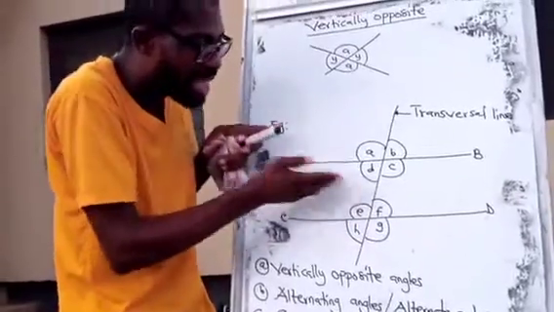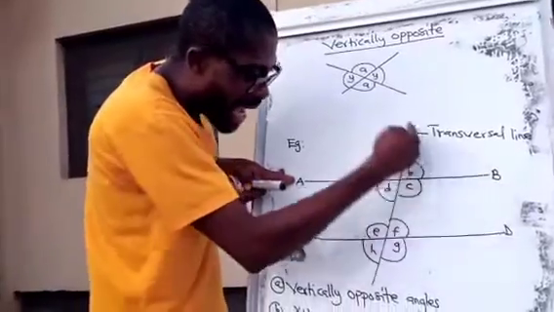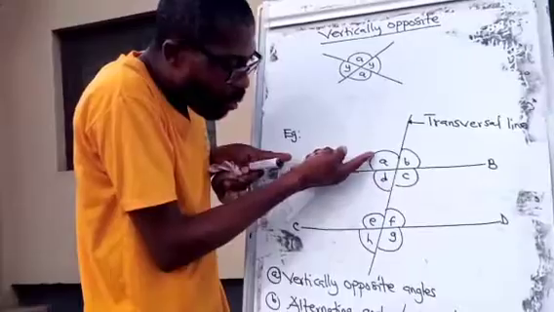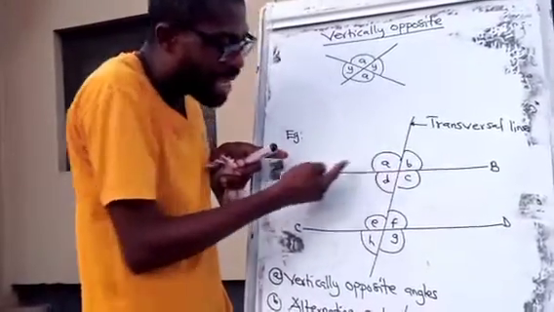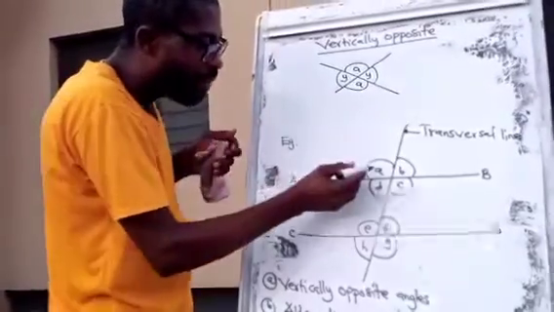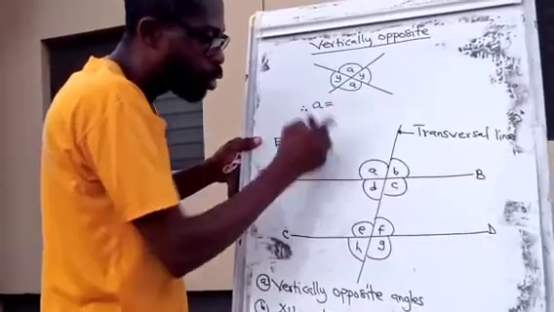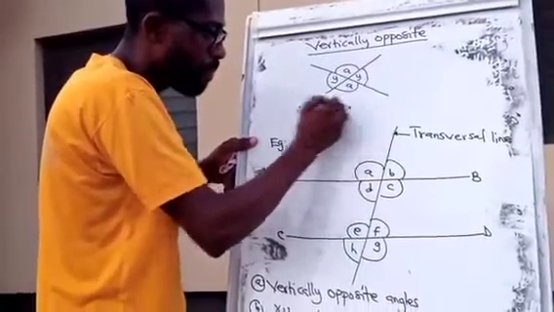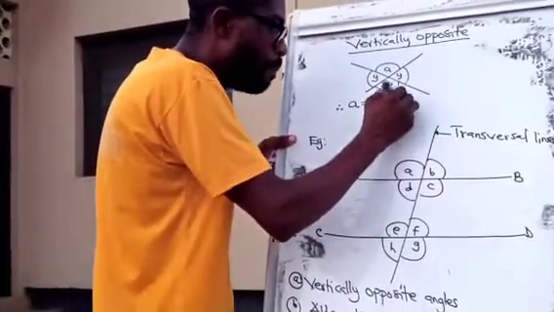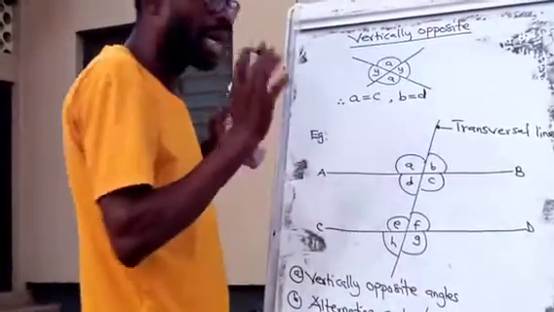Now let's link this symbol to our transversal together with the parallel lines and identify the vertically opposite angles. Considering line AB and the transversal, and the symbol of X, we can have angle A is equal to angle C. We can also have angle B is equal to angle D. We don't calculate for them.